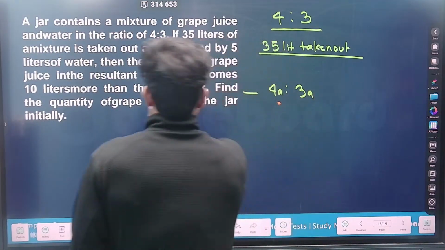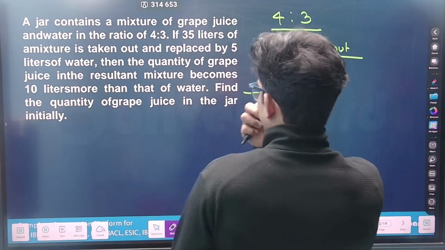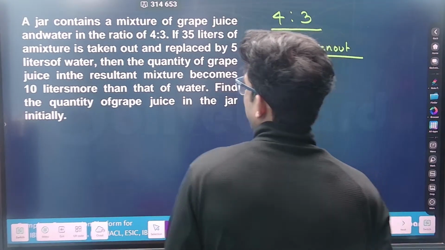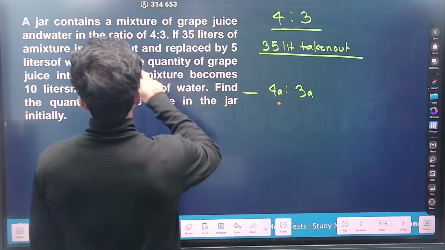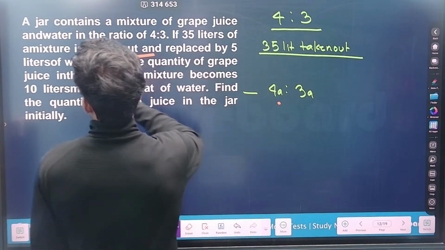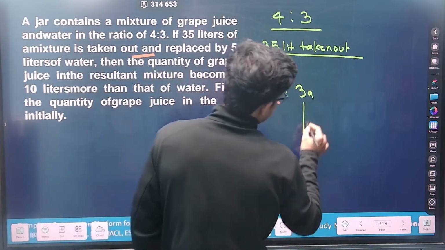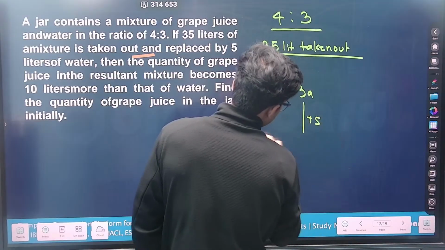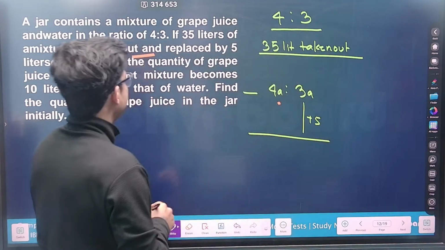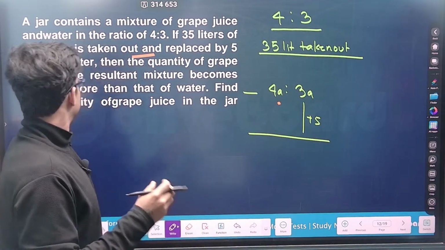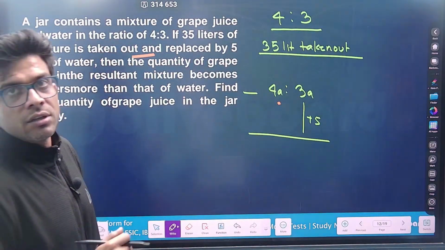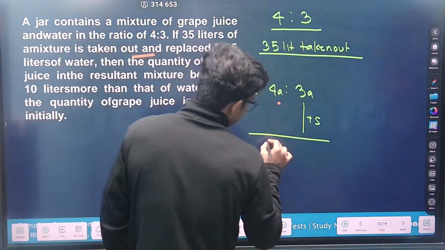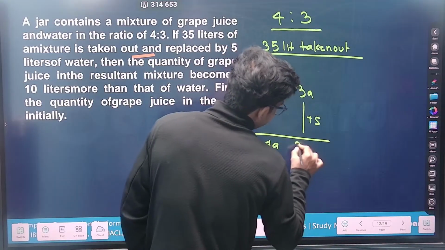The resultant mixture has grape juice 10 liters more than the water. If you are adding 5 liters of water, then the grape stays 4a and the water becomes 3a plus 5.